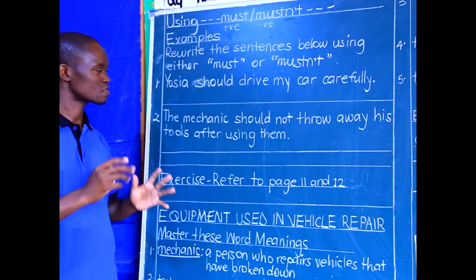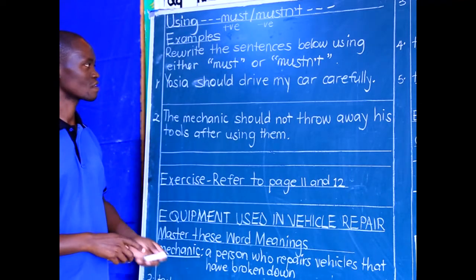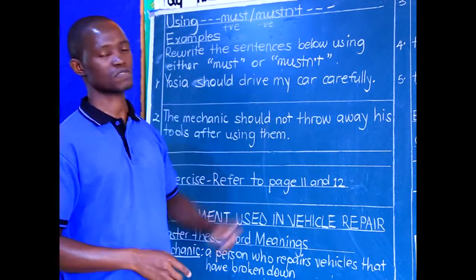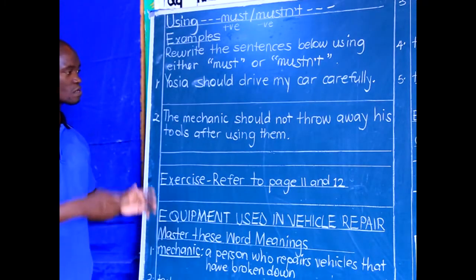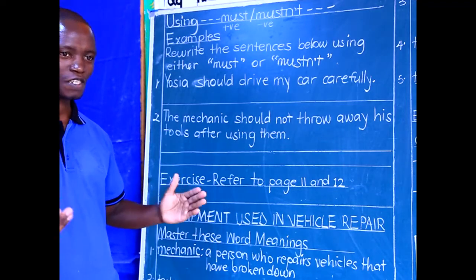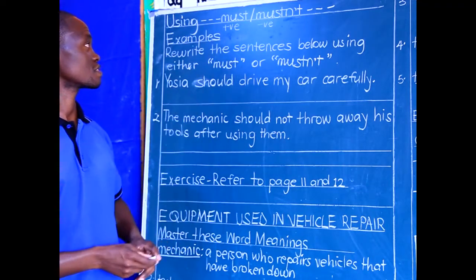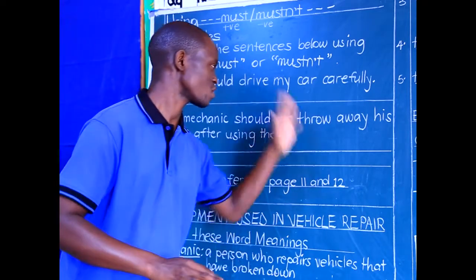What shows the difference between a negative sentence and an affirmative sentence? A negative will have a not. Like I've told you, N apostrophe T is the contracted form of not. So negative sentences here will have the word not. Those that are affirmative, in other words, will not show the word not anywhere in them.